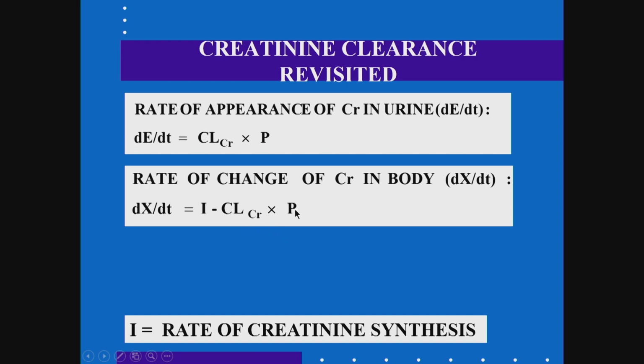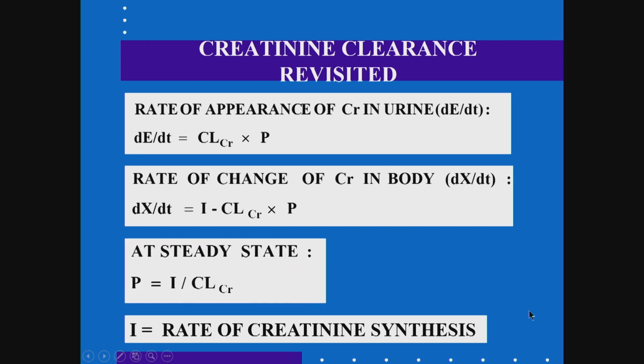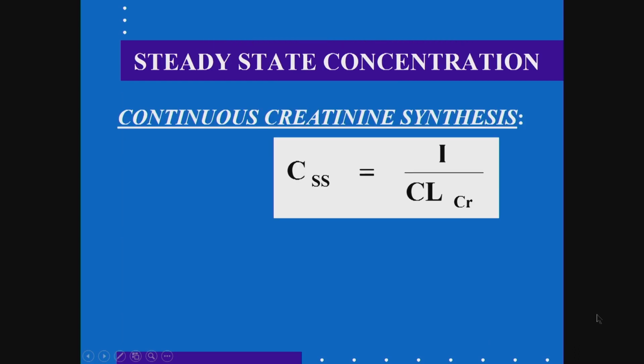This would be the creatinine excretion rate. At steady state, we can, of course, discard this term, dx over dt, such that the plasma concentration now is directly proportional to the rate of creatinine synthesis and inversely proportional to the rate of creatinine clearance.